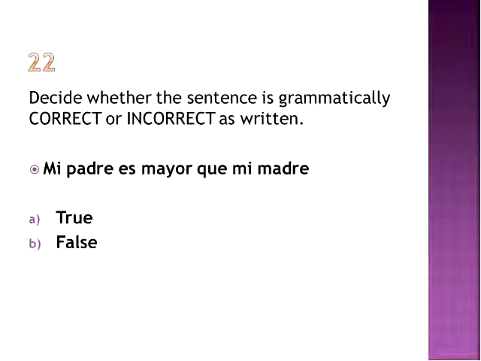So this is correct. Mi padre es mayor que mi madre. My father is older than my mom. So certain terms are going to go with que in comparing, and others with como. You need to know which is which.